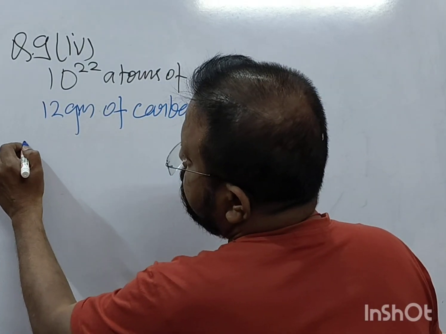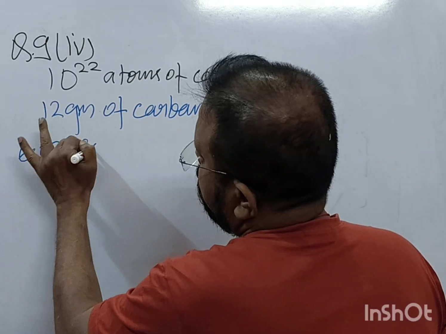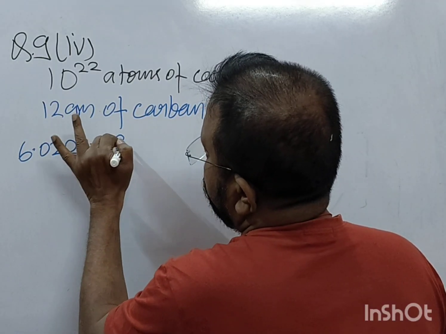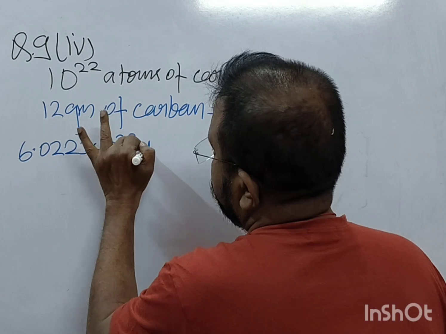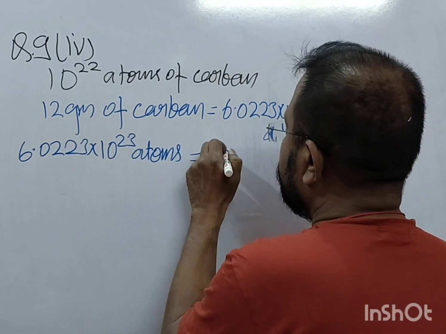So you can write 6.0223 into 10 raised to the power 23 atoms is equal to 12 gram.